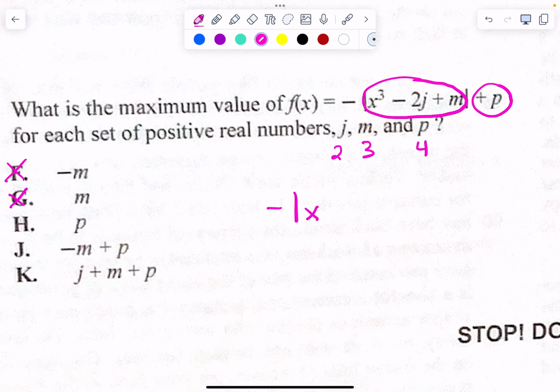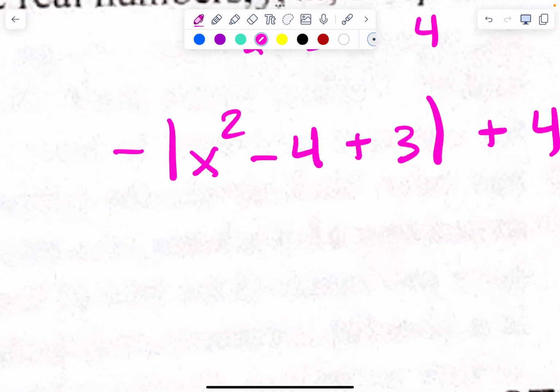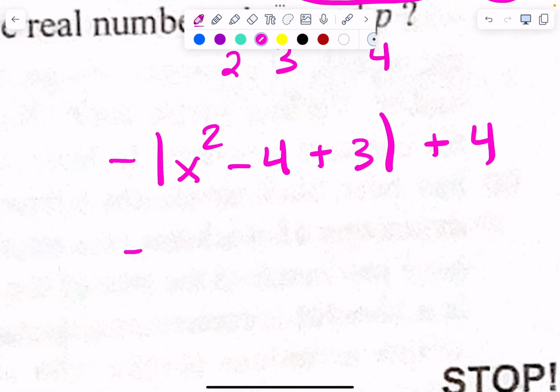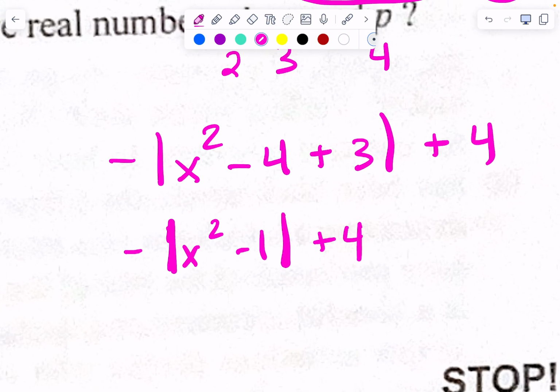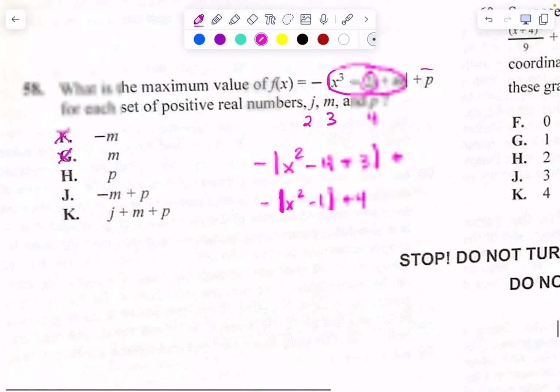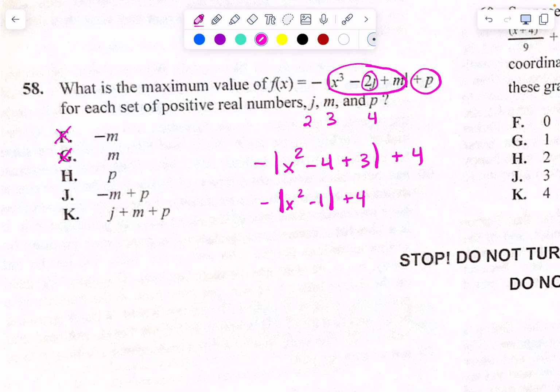Negative absolute value of x squared minus 2 times 2, which is 4, plus 3, absolute value, plus 4. Okay, this guy would be negative x squared minus 1 plus 4. I don't know.